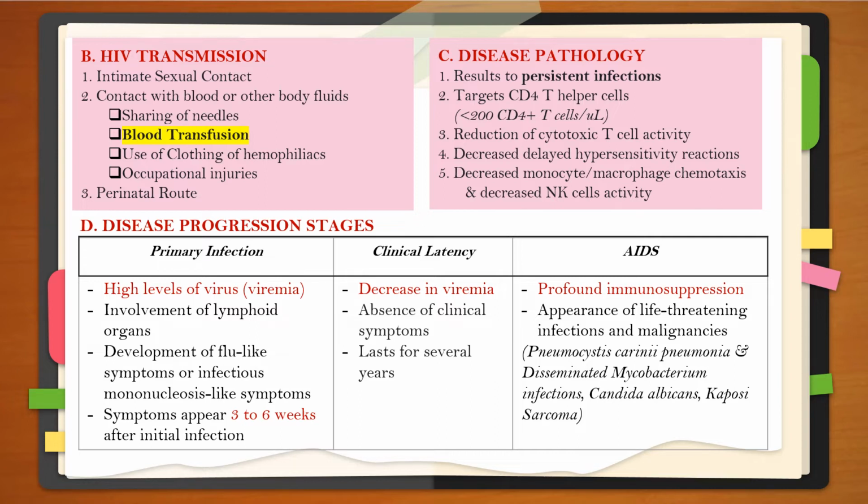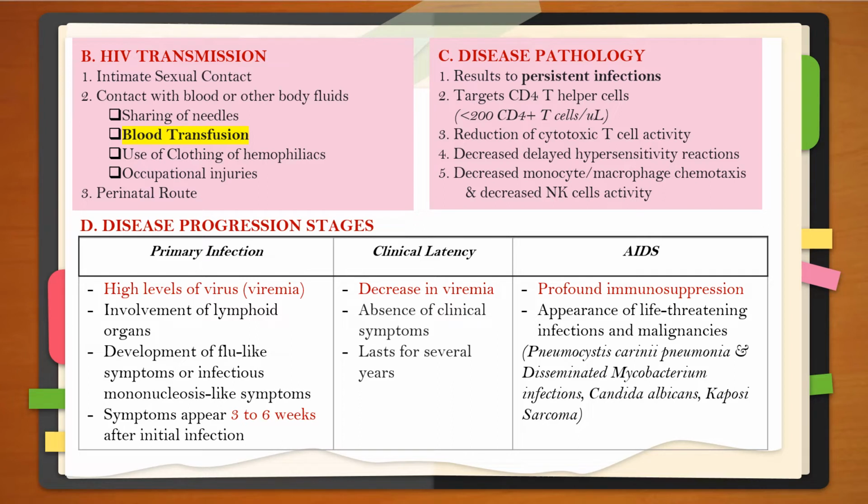What else? Interstitial fluids such as synovial, pericardial, peritoneal fluids, and most definitely all other body fluids that contain blood. This can be transmitted through sharing of needles, blood transfusion, use of clotting factors of hemophiliacs, and occupational injuries with needle sticks and sharps, and mucous membrane contact with healthcare workers that are exposed to infectious fluids.